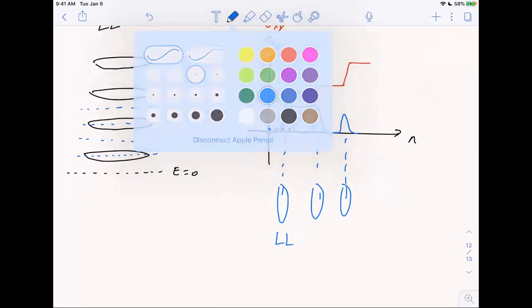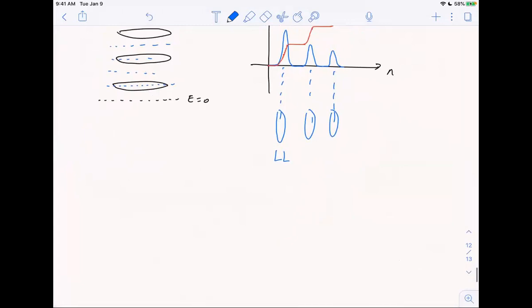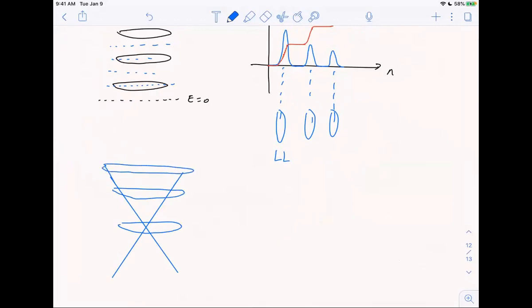Now let's consider the Dirac fermion. The Dirac fermion is this. Then you have a Landau level here, another Landau level here, and another Landau level here.